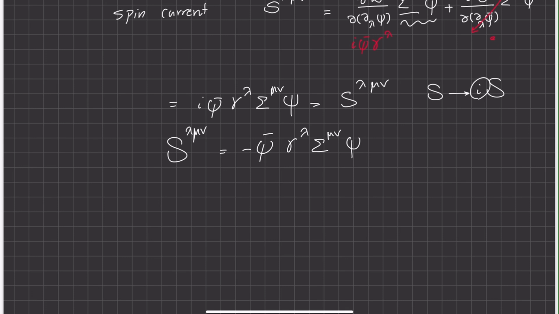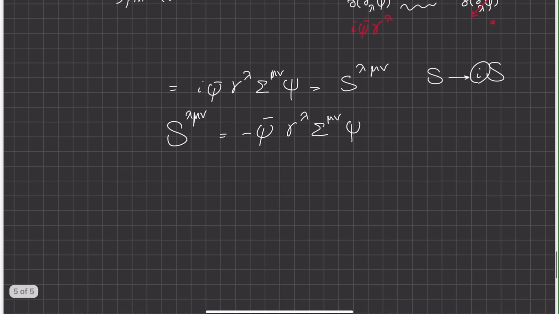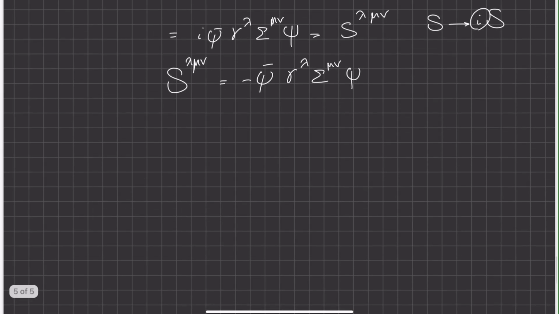And maybe this i is a connection between the angular momentum and the internal space, because the internal space is 2-dimensional. This extra i brings an extra way for us to rotate something 3-dimensional in the 2-dimensional complex space.